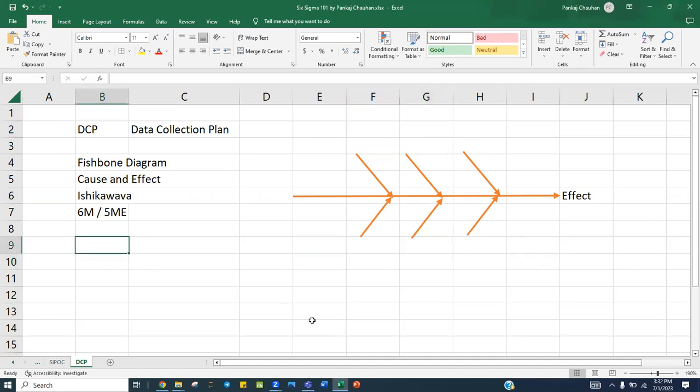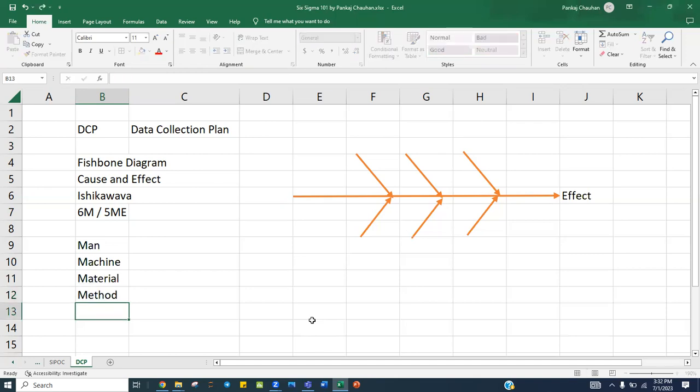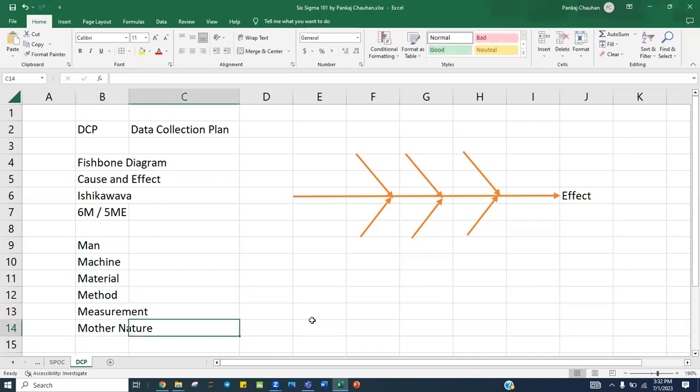These causes, as per the Ishikawa diagram, are mainly related to the operator, the instrument, which we call the machine, which we are using, the material, the method or procedure, the measurement, the way we are collecting the data, or mother nature, the environmental factor, which we can write here.